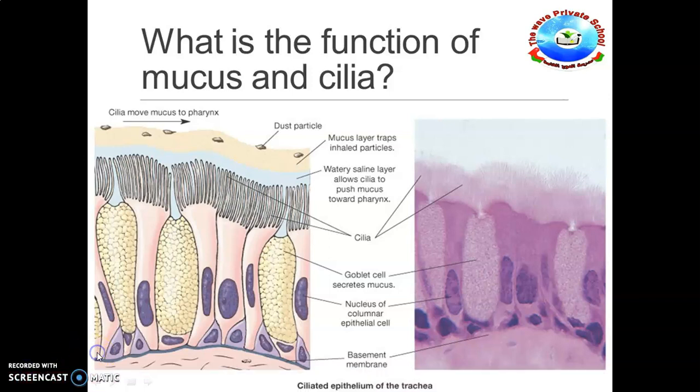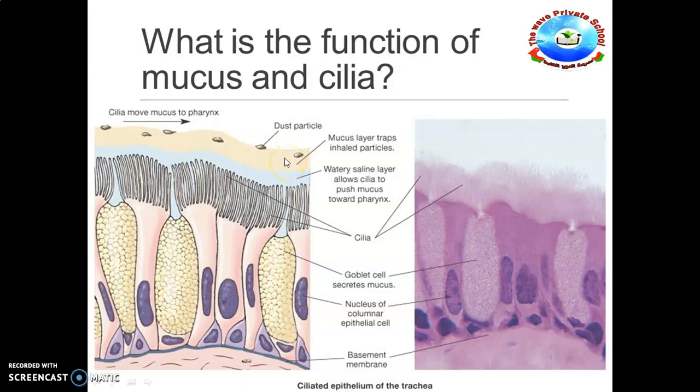In the picture you can see that the lining of bronchioles is simple ciliated columnar epithelium with mucus secreted by the goblet cells. Here you can see cilia move mucus to the pharynx. Here you can see the dust particles are trapped by the mucus layer.